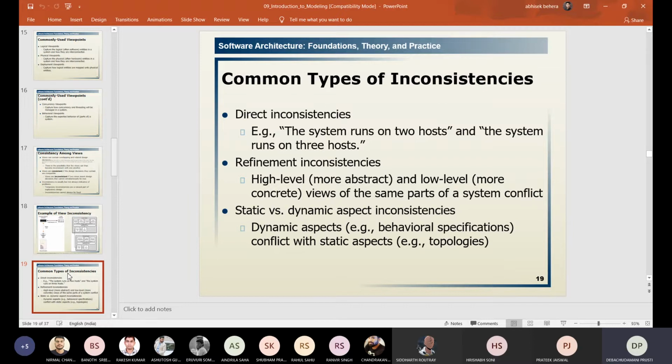As I told earlier, topologies are static. Sometimes, as a violation or deviation, the topologies can be changed while the system runs. So it is the dynamic aspect as well as a static aspect. It is a violation, and it creates some conflicts. Okay.